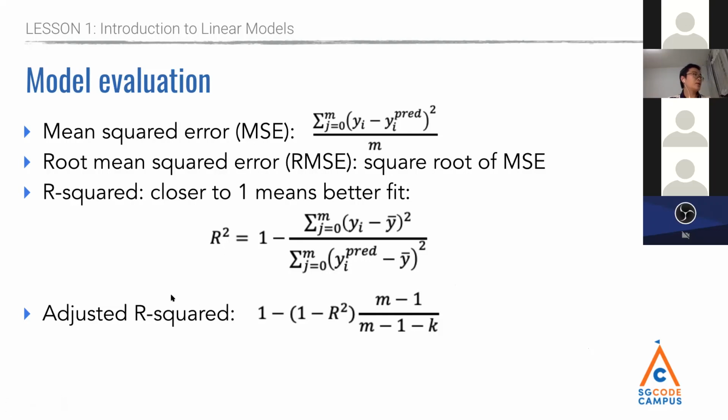Then adjusted R square is to take into account the number of features you put in. So this K is the number of features you put into the model. These are in a general sense. If you want to get the detailed definition and interpretation of these metrics, you may read more on linear regression theories.